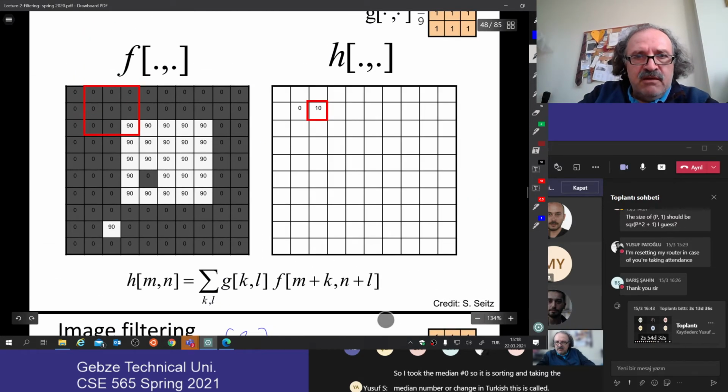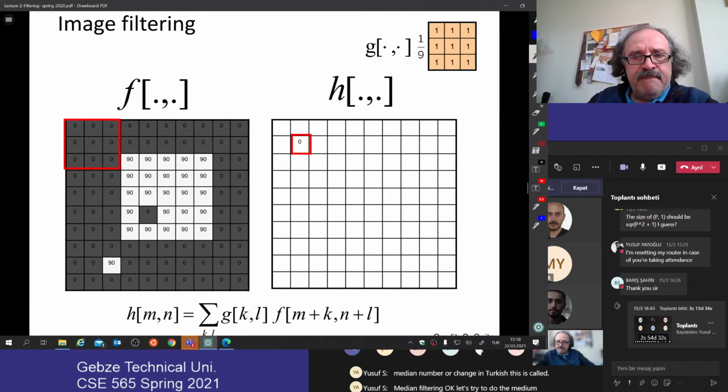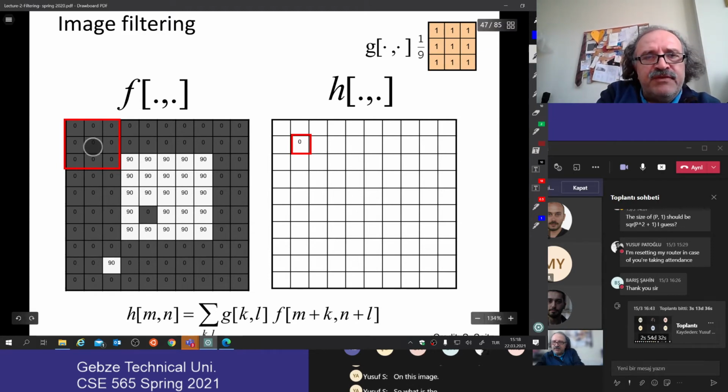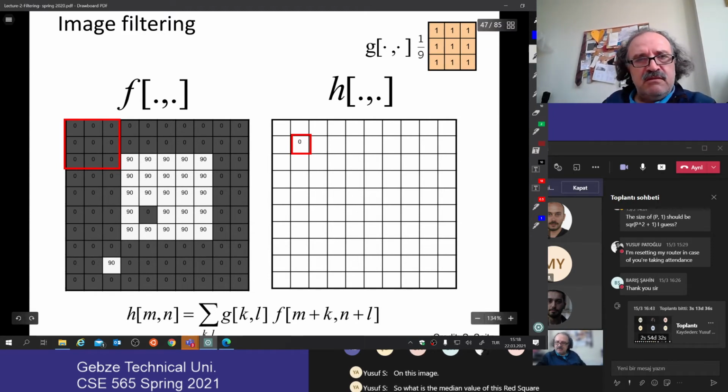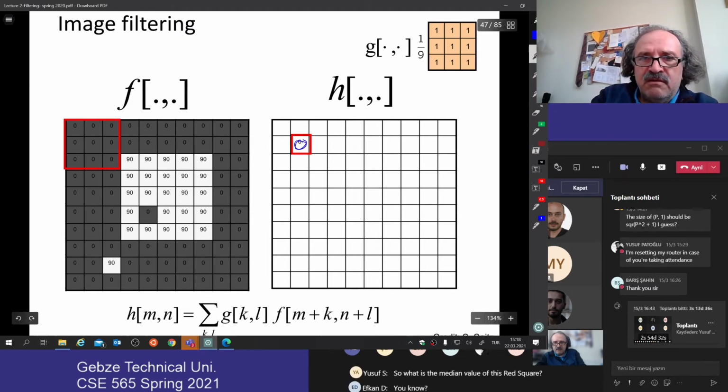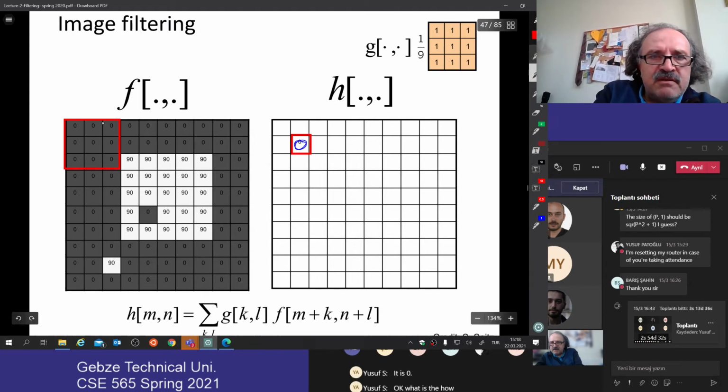Okay, let's try to do the median filtering on this image. So what is the median value of this red square? 0. Okay, how about the green one?